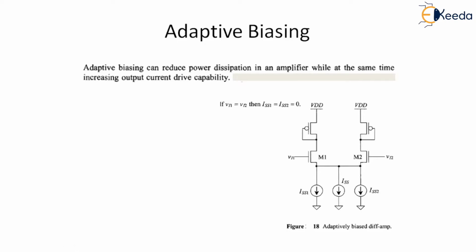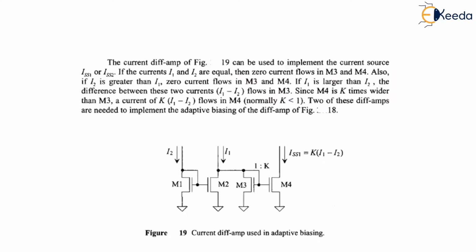Now, the current differential amplifier shown in figure 19 can be used to implement the current sources ISS1 and ISS2. You can see that if I1 and I2 are equal, then zero current flows in M3 and M4. If I2 is greater than I1, then zero current flows again in M3 and M4.